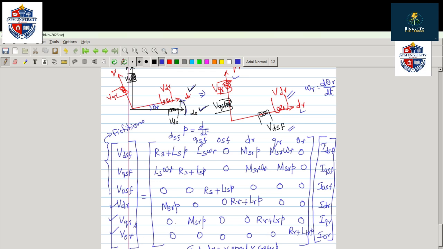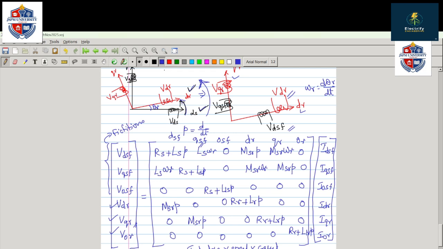Then one more important task is writing the sign. How to write the sign? Here we are moving the stator variable to the rotor, right? When we move the stator variable to the rotor, this d value is DS and QS.